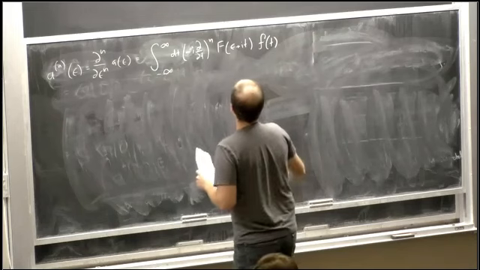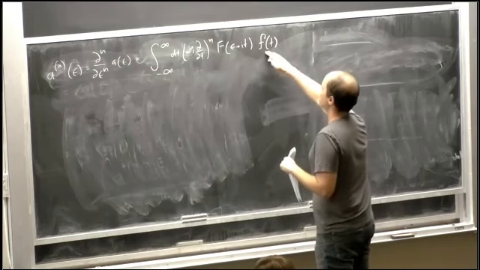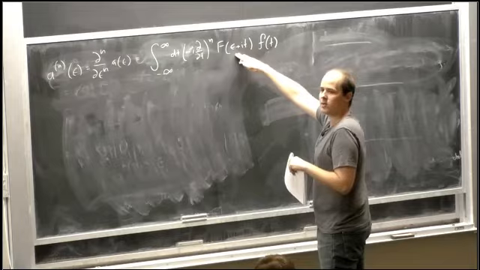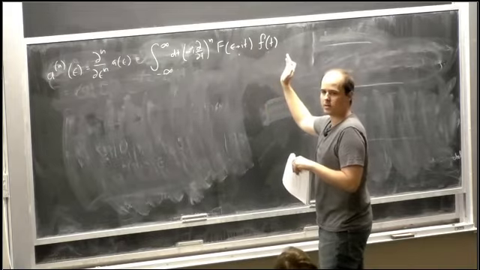And then, because this thing is a Schwartz function and this thing is polynomially bounded at large t, we can integrate by parts.